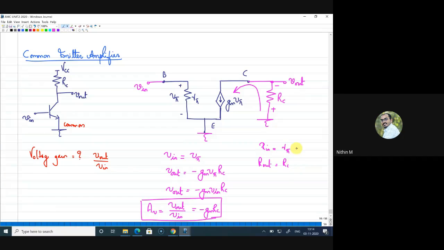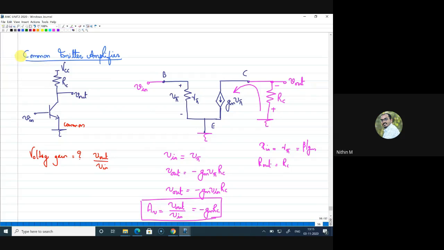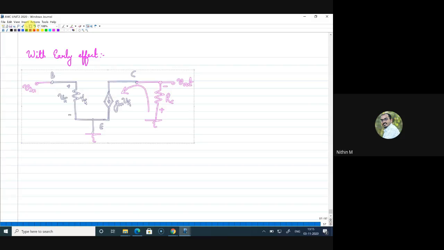Right. Now R pi can be further written as beta by gm. Those things you can write better. So this is without the Early effect. Now if I am considering the Early effect, the only difference is, let me take this equivalent circuit as it is, and I have to add a component here which is R naught, right?